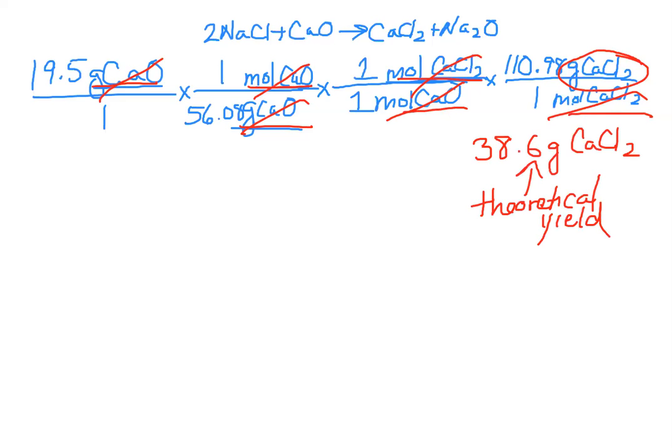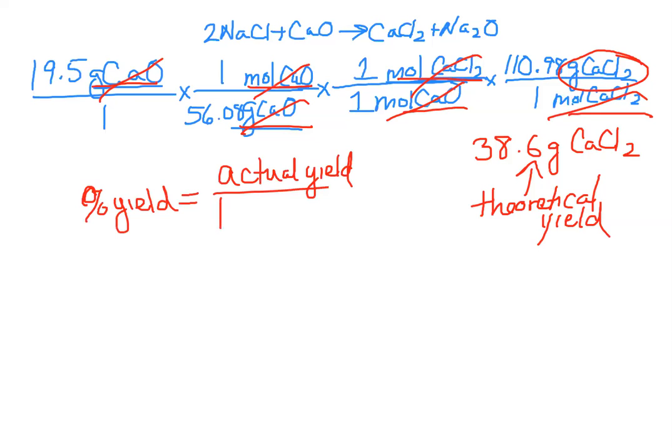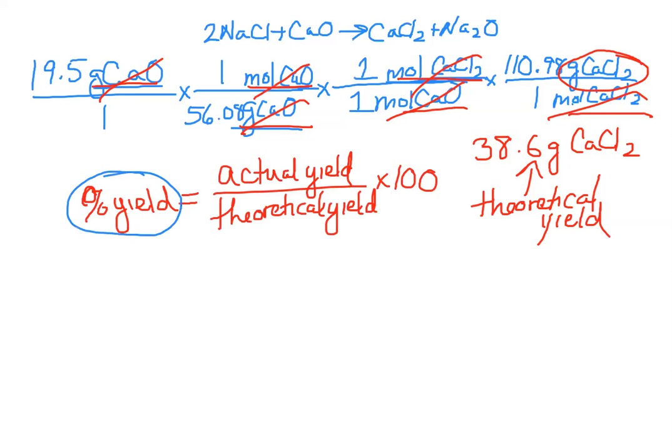So now remember our formula is percent yield equals actual yield over theoretical yield times 100. But in the problem, it gave us percent yield. We just found theoretical yield, so now we can solve for actual yield.